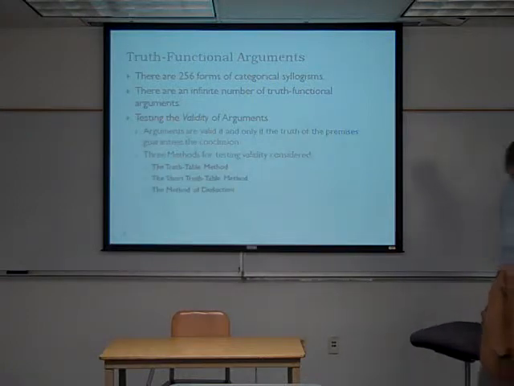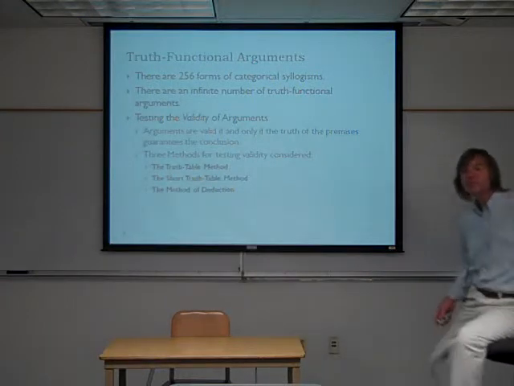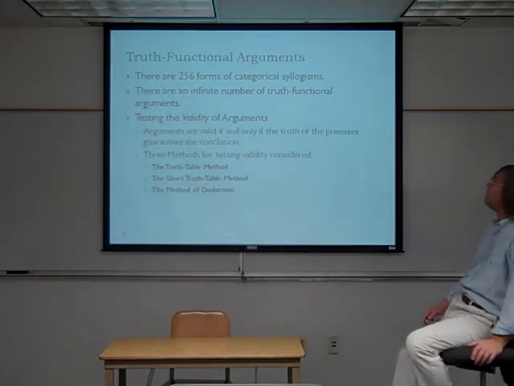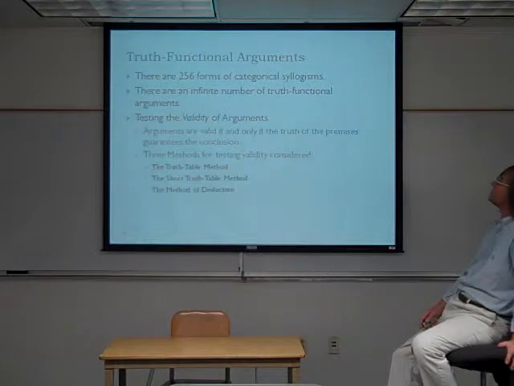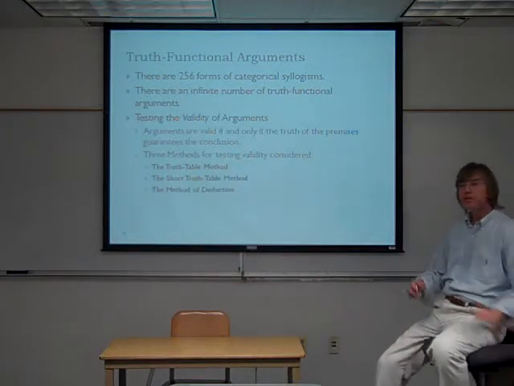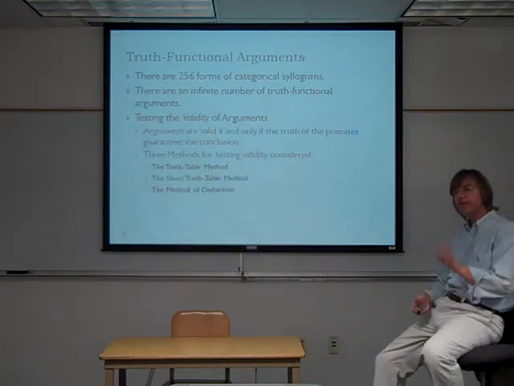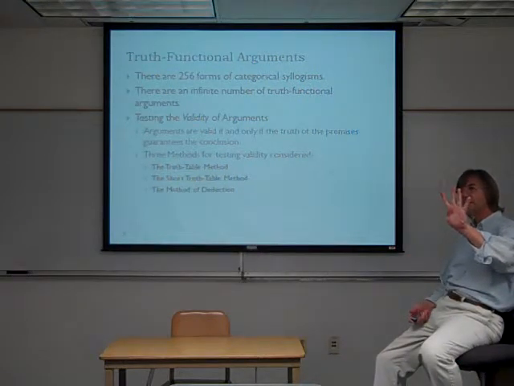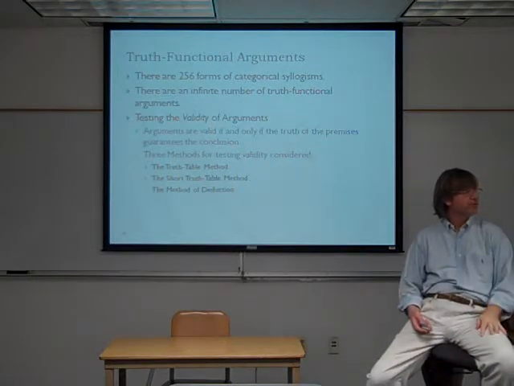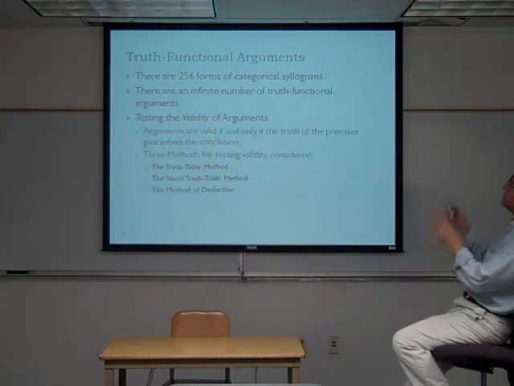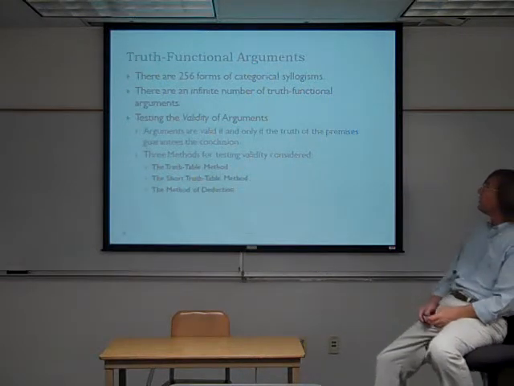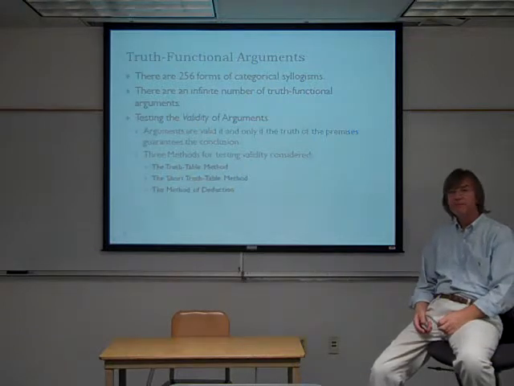When we look at the categorical syllogisms that we studied in the last chapter, you'll find that there are only 256 forms of categorical syllogisms. There's a fixed number of forms because you have those 4 types of claims, and those 4 types of claims can be used to construct different syllogisms. Well, in sentential or truth-functional logic, there are an infinite number of truth-functional arguments.